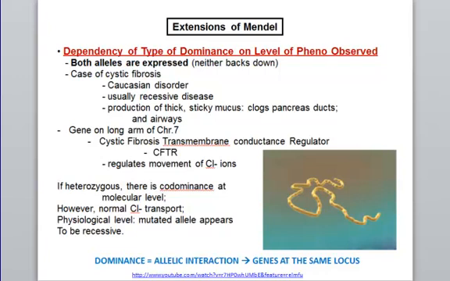So at the molecular level, you'll see the case of codominance in which both channels are expressed. But when you look at the physiological level, you do not see codominance, you see the dominance effect or the dominant phenotype of the normal chlorine transport channel. So at the physiological level, it appears that the mutated channel is recessive.